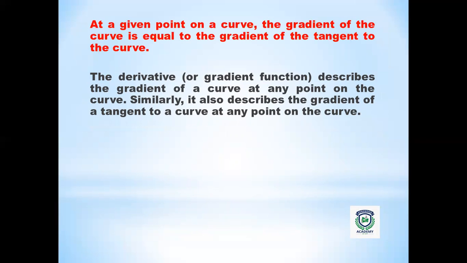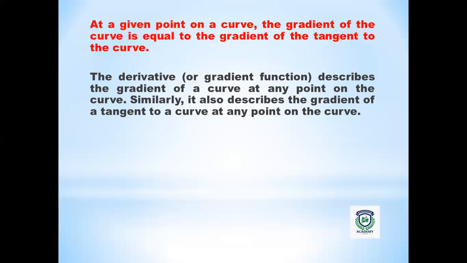Now, at a given point on a curve, the gradient of the curve is equal to the gradient of the tangent to the curve. The derivative, or gradient function, as it is also called, describes the gradient of a curve at any point on the curve.